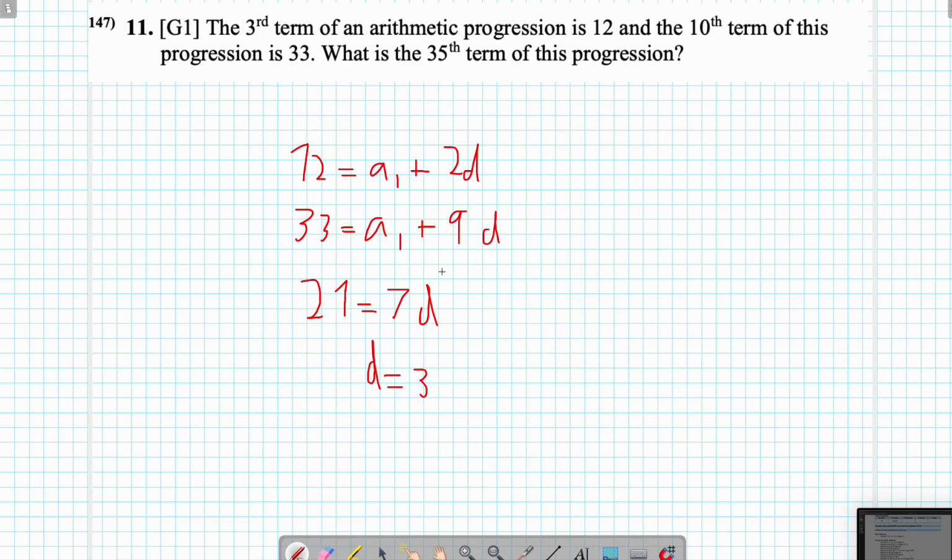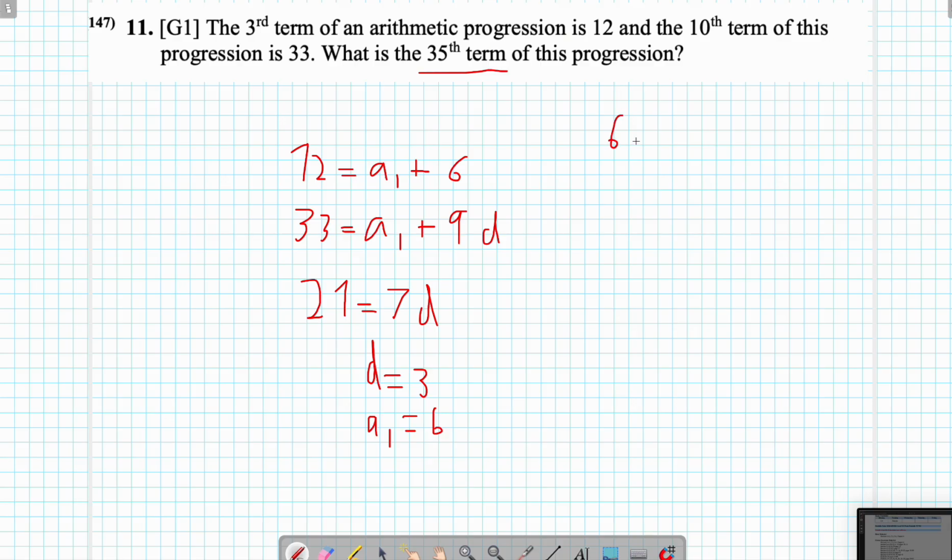Good? But to find the 35th term, we need to find A1. So we substitute D in any of these equations. Let's say 12 is equal to A1 plus 2 times 3. 2 times 3 is 6, so we get that A1 is equal to 6. Good? Now they want the 35th term, which is the main objective.